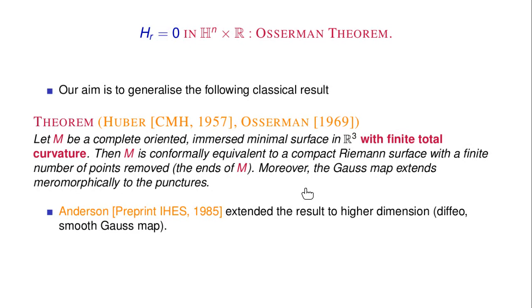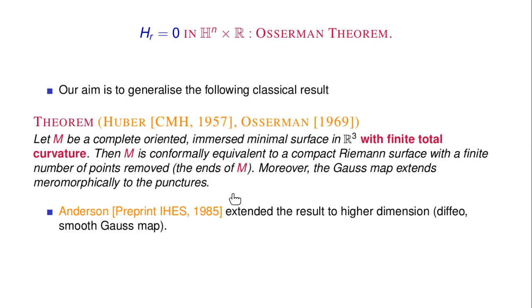So a minimal surface with finite total curvature is very well understood, because you know the conformal structure and also how to extend the Gauss map. This theorem was extended by Anderson to higher dimension, but of course, if you change the dimension, you lose some of the properties of minimal surfaces.